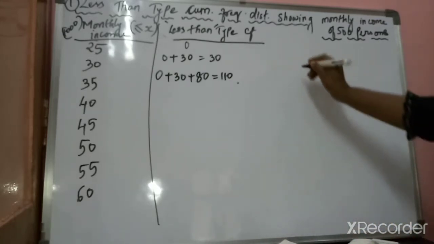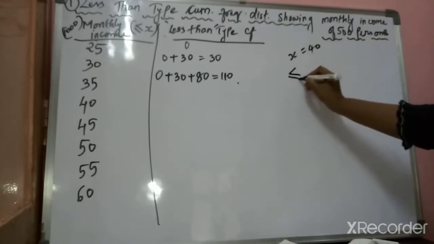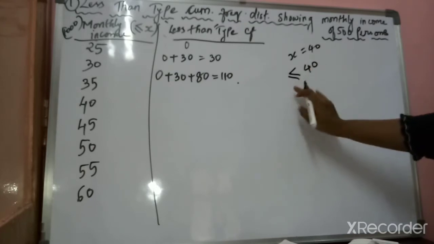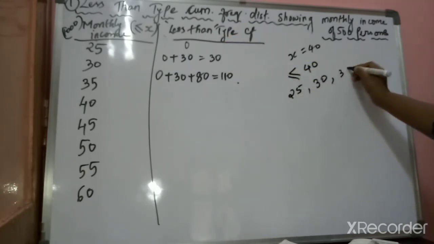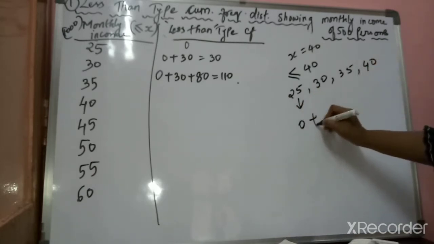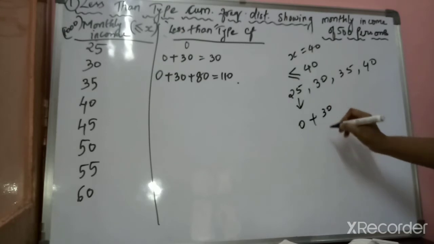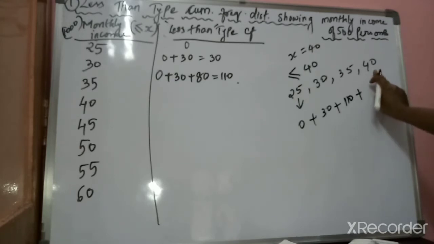Again, see, your x is 40. Clear? So less than or equal to 40. Less than 40 it would be 25 again, then we have 30,000, then we have 35 and 40. For 25, there is no one, plus for 30,000 there are 30 people, then for 35,000 there is 110, plus now 40.